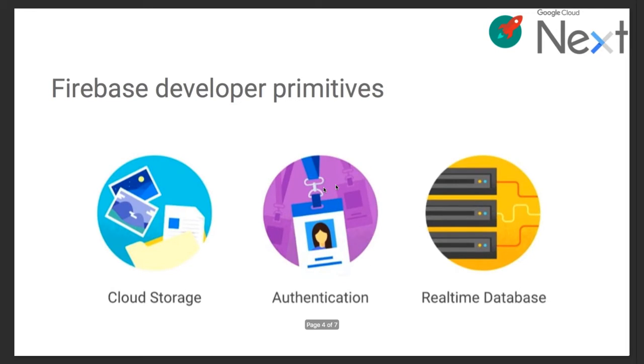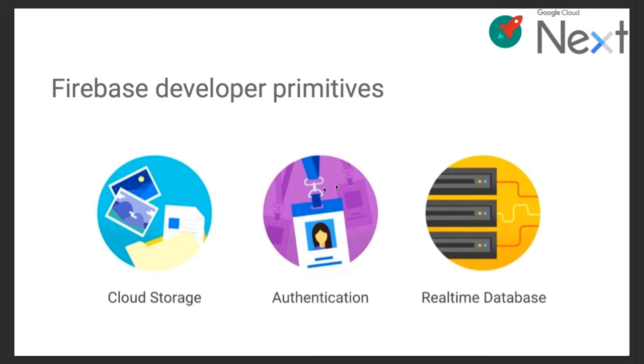Firebase essentially has three main components from a developer's point of view. We have the cloud storage, which has an exabyte limit. That is a massive, massive limit, and this is because it's all hosted on Google's cloud offerings. So essentially, we're using the Google Cloud infrastructure here. We have libraries to help us with authentication.